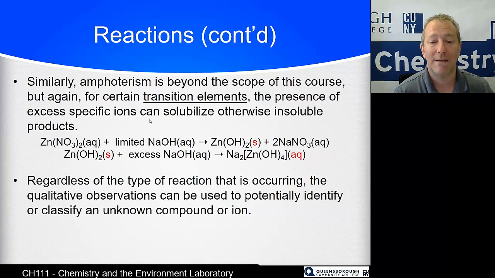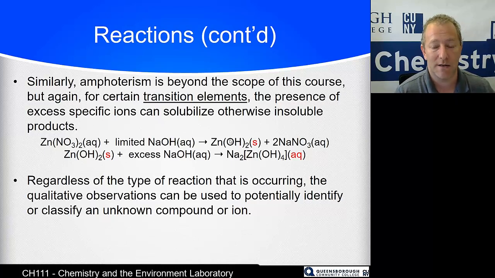Amphoterism, same kind of thing. For certain transition elements, you can solubilize things that are otherwise insoluble. You can make an AQ out of something that was otherwise S, all right? Excess sodium hydroxide in the presence of zinc hydroxide solid will form this anion that in the presence of a alkali metal will certainly be soluble, because alkali metal salts are always soluble, no exceptions, table 4.1 or 4.2, whatever it was, okay?